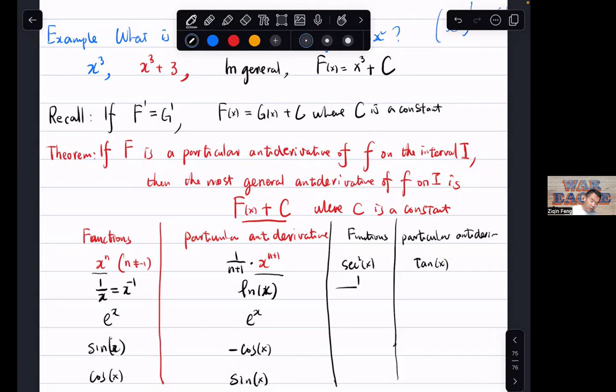And two more functions: 1 over root 1 minus x squared, arc sine of x, and 1 over 1 plus x squared, whose antiderivative is arc tangent of x.